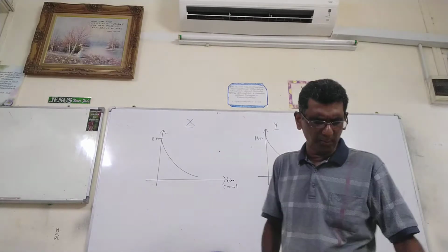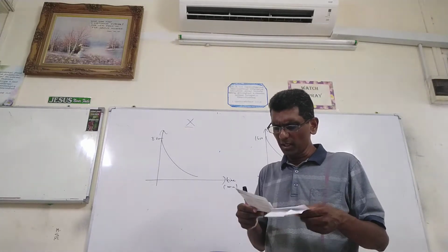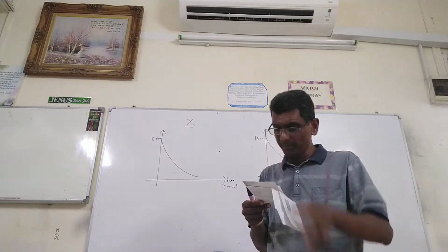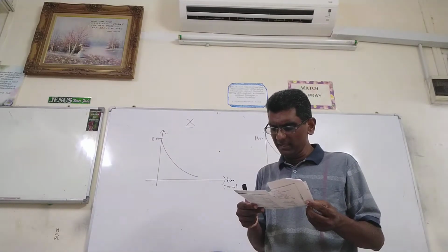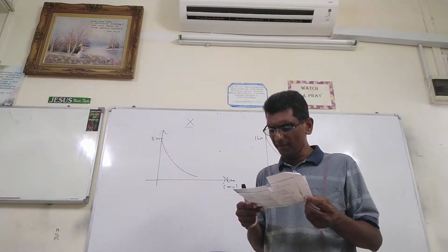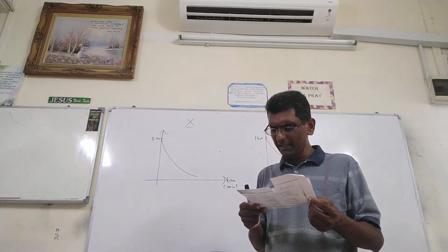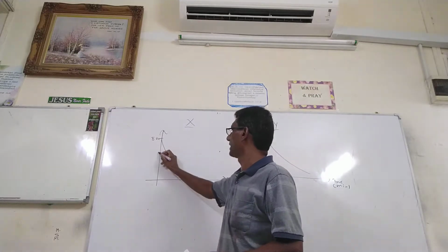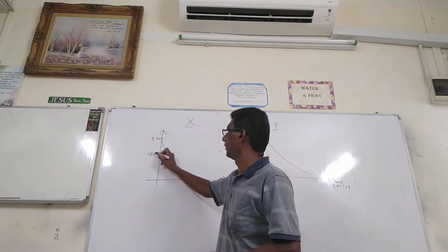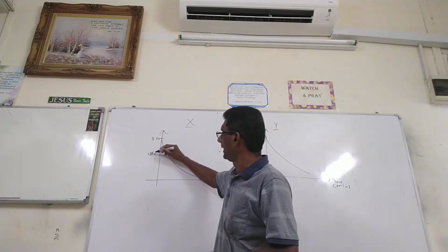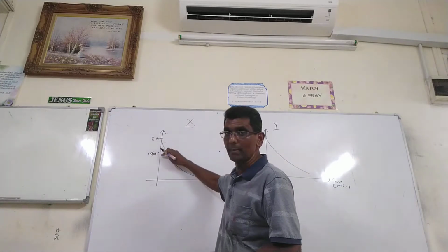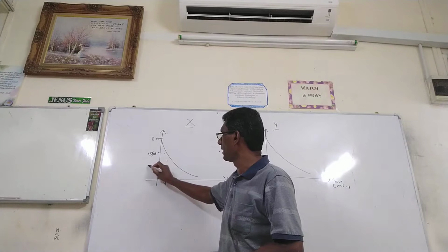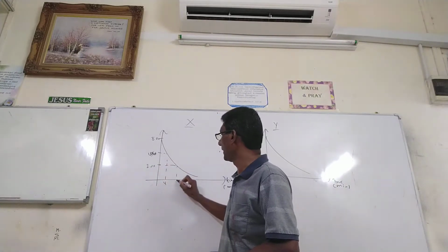Okay, the second point: for X, the activity is halved after every interval of 4 minutes. For example, 800 becomes 400, half of it, and the time taken is 4 minutes. 400 becomes 200, and the time taken is 8 minutes.